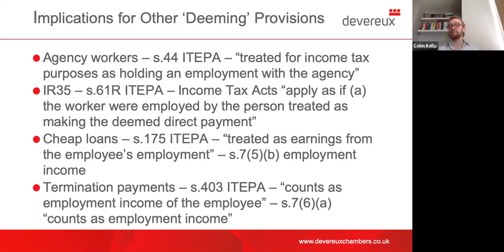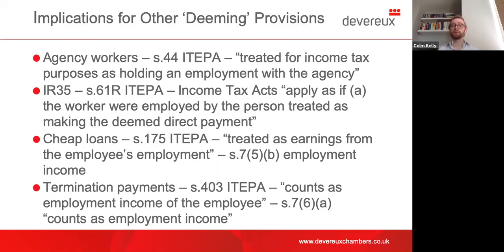So if you had a non-resident person acting in the UK and deriving income in the UK, does this mean that the UK would get taxing rights? The first example is agency workers, and this is quite a striking example. The language used in section 44 is that agency workers who meet certain conditions but who aren't actually employed by agencies are treated for income tax purposes as holding an employment with the agency.